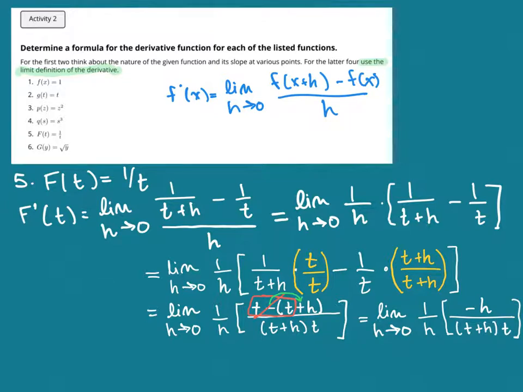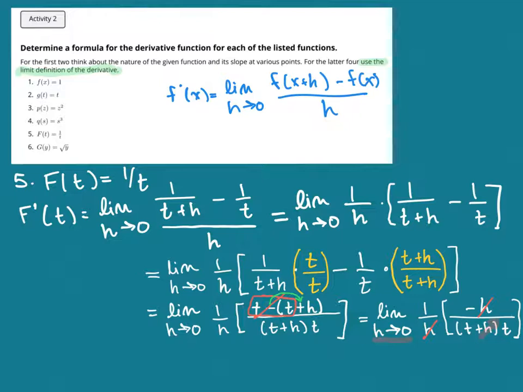All right, now is probably the real time for celebrating and saying, yes, there's an h and an h, and now I am finally free of h in the denominator, which means I can evaluate this limit, let this h over here go to 0.